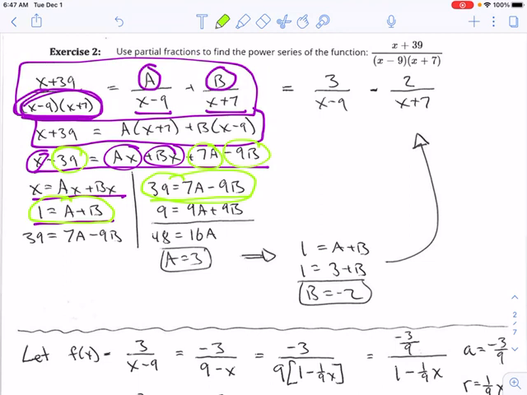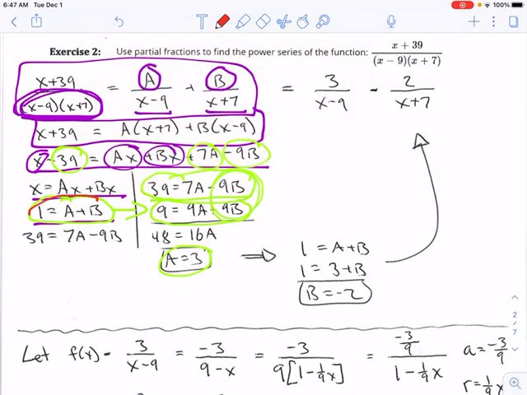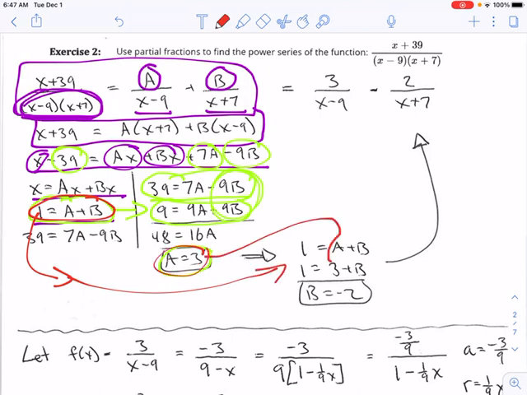So I multiply this by 9 and get this, so that I can eliminate the b's by adding the two equations together, getting 48 equals 16a, or a equals 3. Once you have that, of course, you can go back to 1 is equal to a plus b, which I did over here, substituting in a equals 3 and getting b equals negative 2.